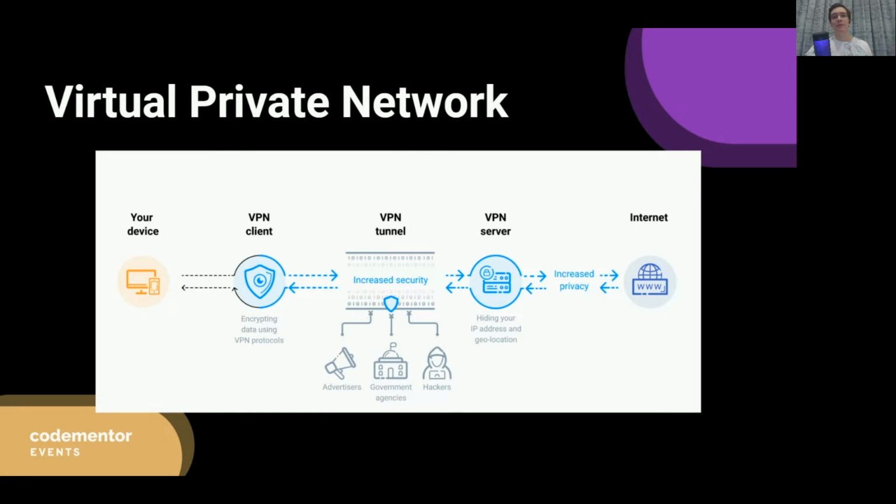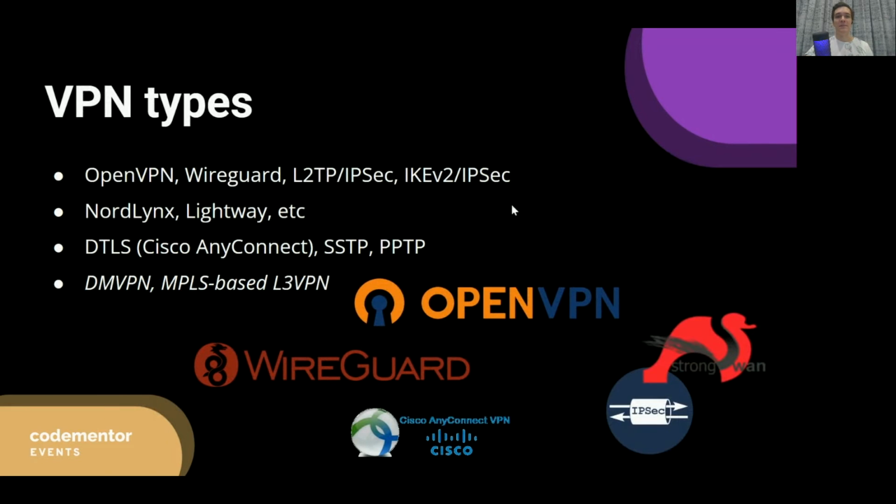And data integrity: the underlying protocols give you a way to be sure that nothing is missing, and no one injected anything into the traffic you're sending. So those are the three things that VPN does. So what types are there?